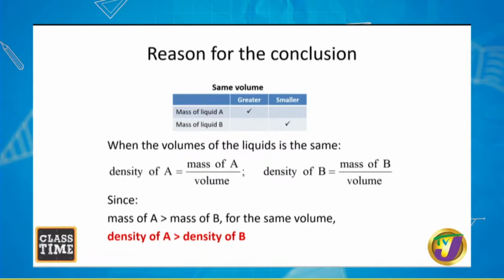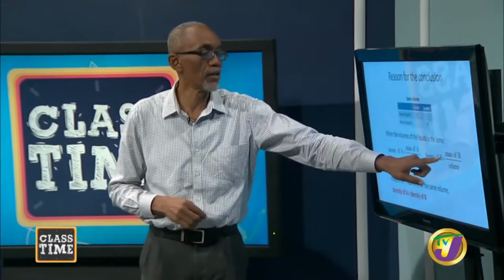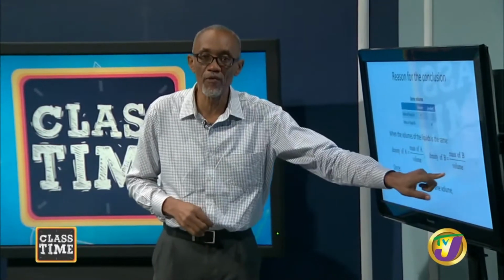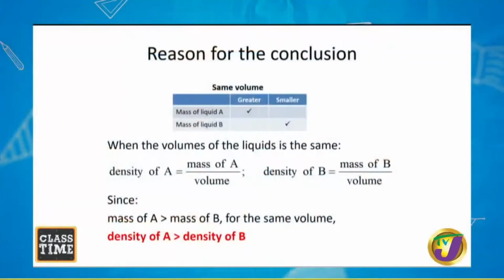So this value would be greater than this value if they have the same volume. The numerator is larger and the denominator is the same, so the result is larger. So the density of A is greater than the density of B. All right, so that's one.